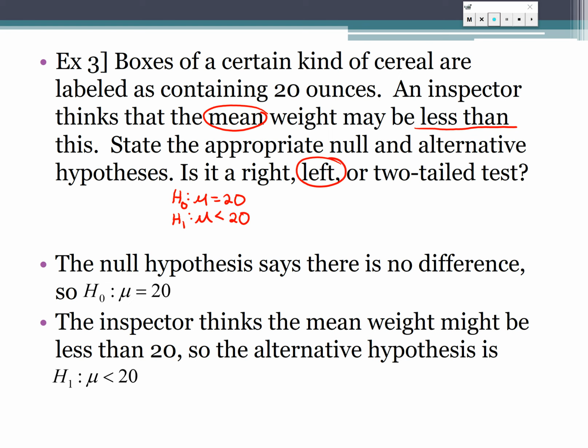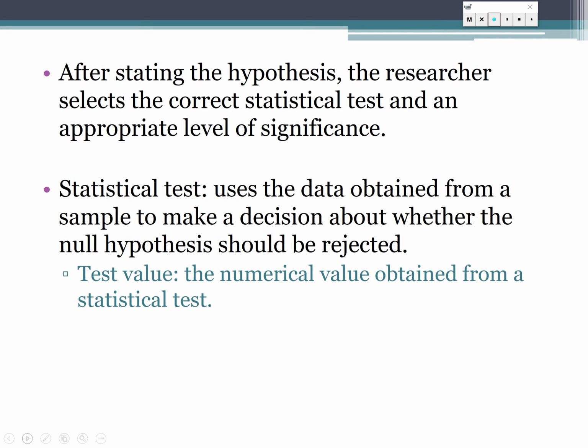This will be your very first step when we do our full hypothesis test tomorrow. You have to state your null and alternative hypotheses. After you do that, we have to pick out the correct statistical test. All that's meant by picking out the correct statistical test is similar to our confidence intervals. We had to evaluate it and see, were we going to do a confidence interval?